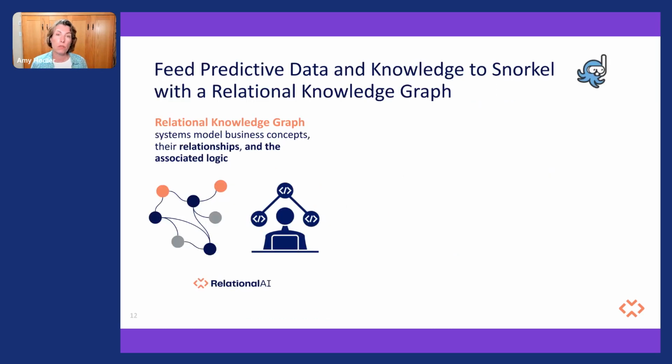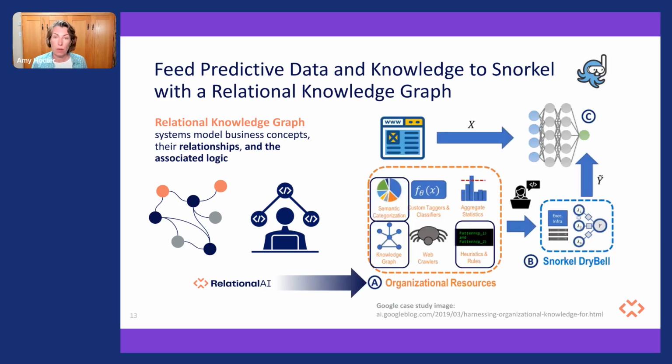Well, you can use a knowledge graph to feed that kind of predictive data and that knowledge into a platform like Snorkel. A relational knowledge graph very simply models business concepts with their relationships and their associated logic in an executable way. A quick example of how that can be used is a graphic from a Google case study using what they called a Snorkel Drybell solution.